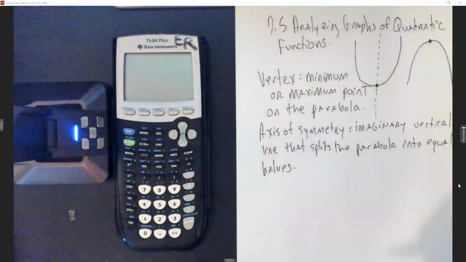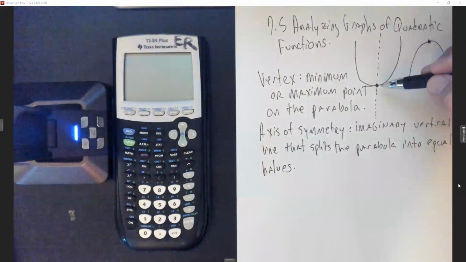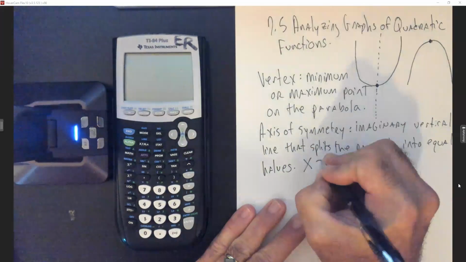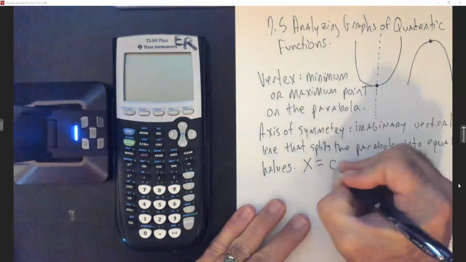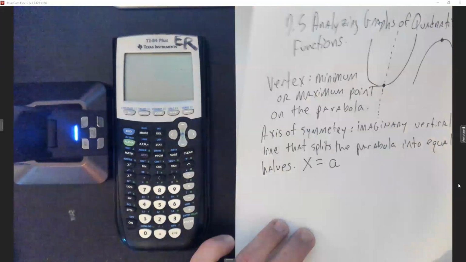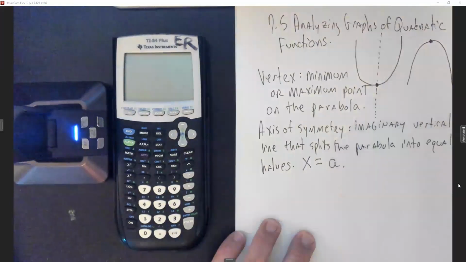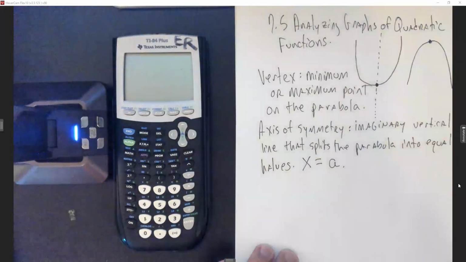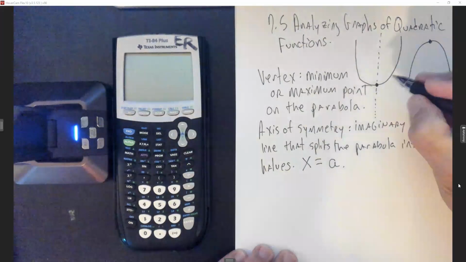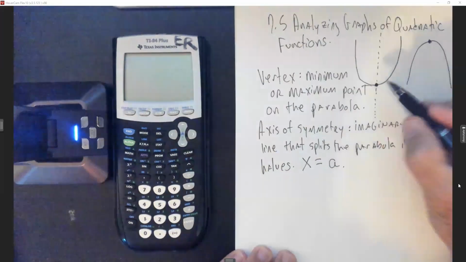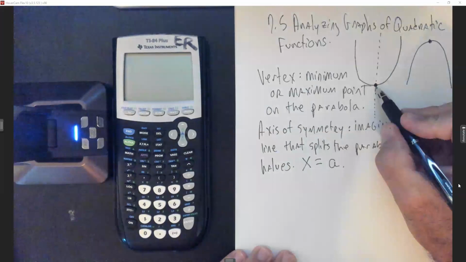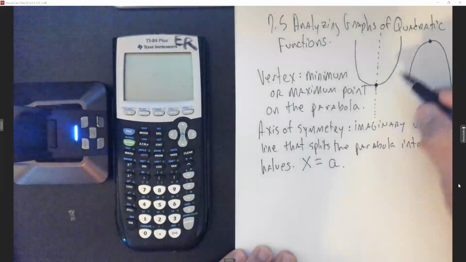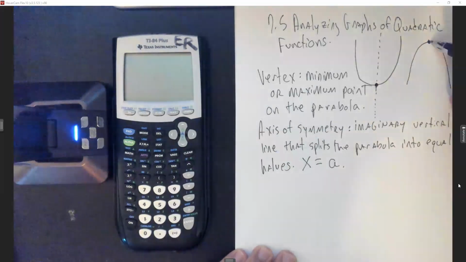Okay, so the axis of symmetry comes in the form of an equation, and it'll be x equals some number, because remember, it's going to be a vertical imaginary line there, okay? Now, also notice that these points on these parabolas, on the first parabola I drew, that's a minimum value. And on the other parabola, that would be a maximum value.